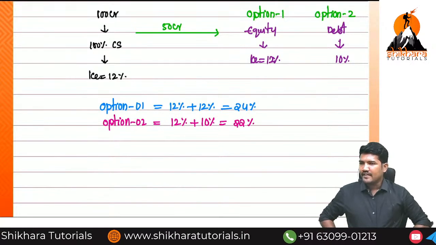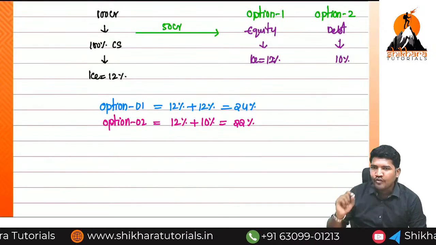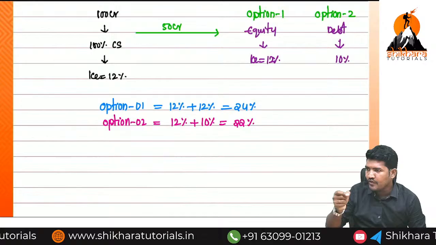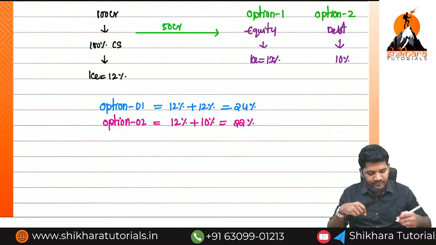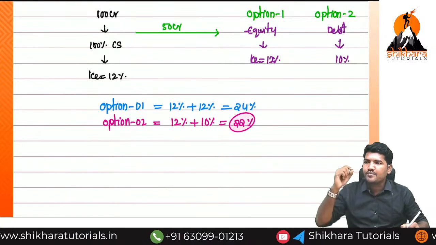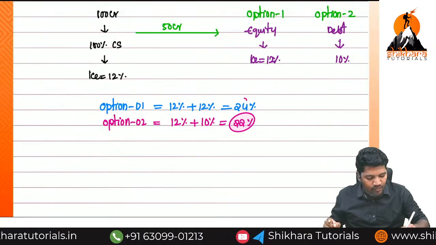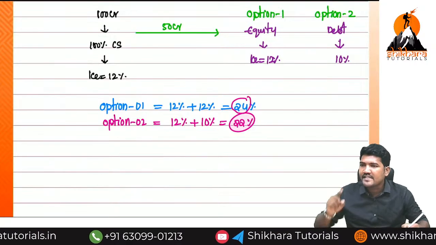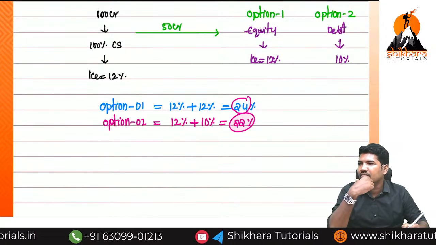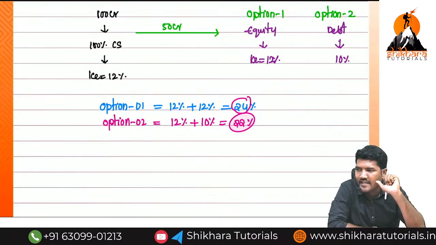Now I already said, if debt rises, your KO, what happens? Option 1, I choose equity. Because of choosing equity, my KO, what happens? Increases. Instead of equity, if I choose debt, what happens? KO decreases. Are you okay now? That's the point they express.